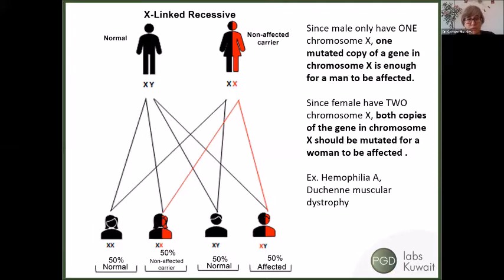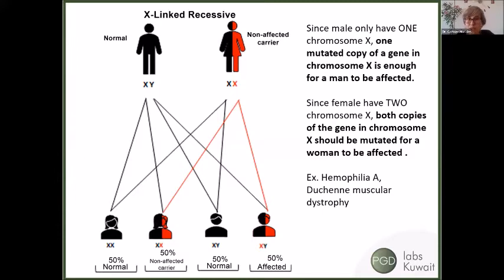Females, who have two chromosome X, need both copies of the gene to be mutated to be affected. So in the example I put here, we have a woman who is a non-affected carrier because she only has one mutated copy of the gene, and the risk for the children is different depending on whether the children are boys or girls.